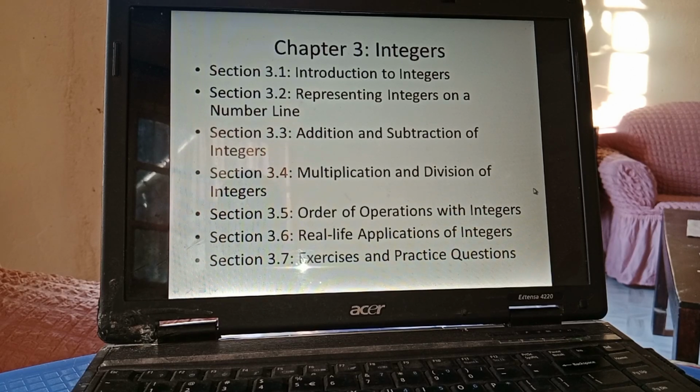Chapter 3, section 1 is introduction to integers, representing integers on a number line, addition and subtraction of integers, multiplication and division of integers, order of operations with integers, and then real life application of integers. 3.7 is exercises and practice questions.